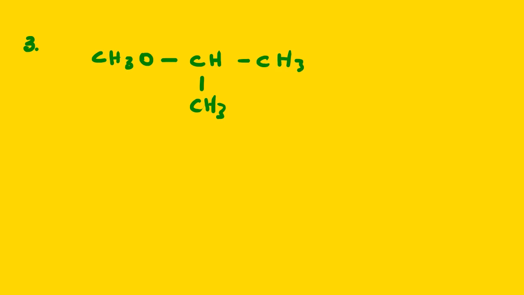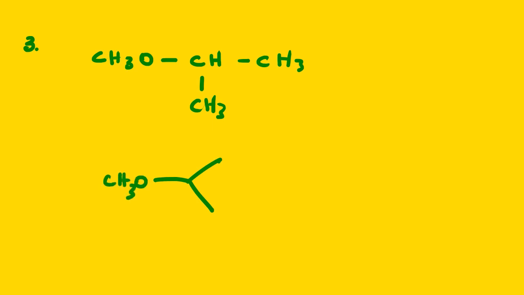Let us complicate our structures a bit. Example number 3. Let's say we have CH3O attached to CH, and then we have CH3 here, and then we have CH3. If we were to draw a skeletal structure of this, we are going to have something like this.